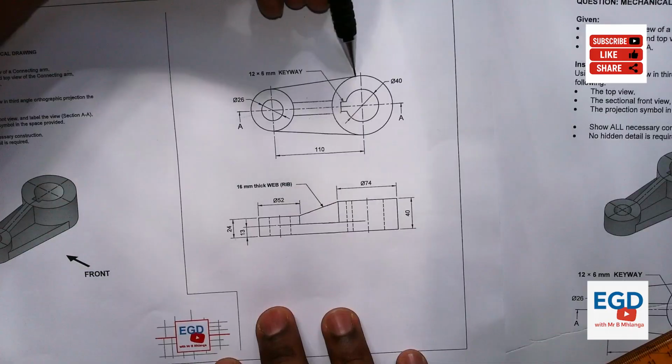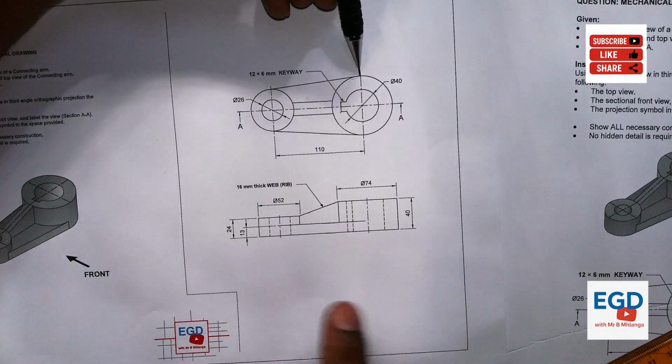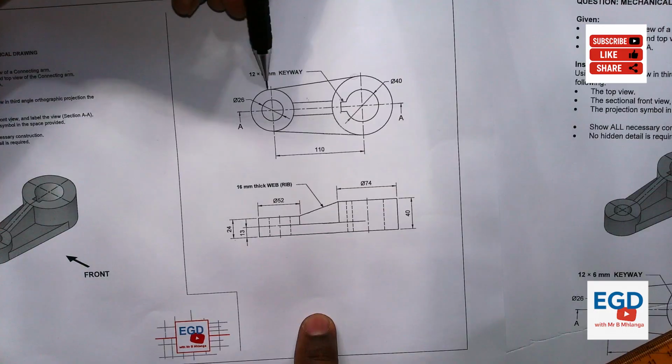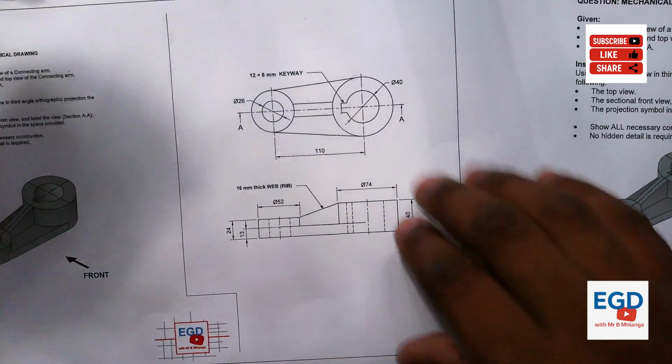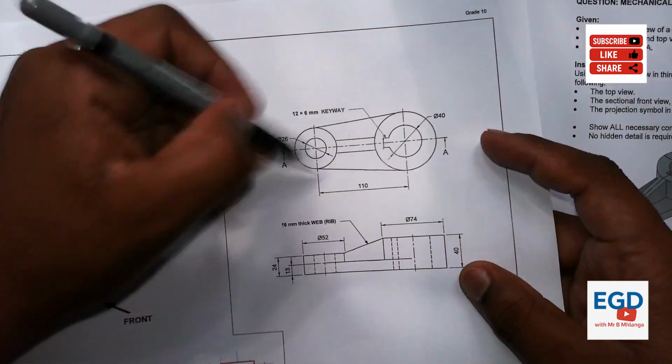You can check that the line starts somewhere here, not exactly at the center line, and on this side it ends somewhere after the center line. So I'll show you how to draw the tangent line when we are given two unequal circles.